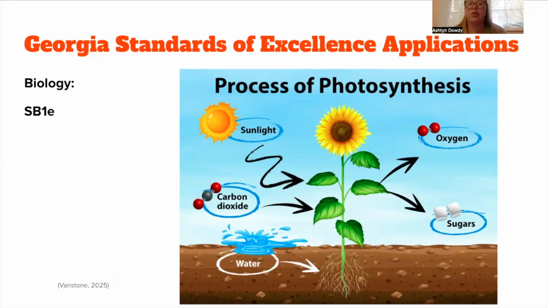Sunlight, carbon dioxide, and water. So you could actually have your students plant and vary the conditions in the garden to see how that affects plant growth, right? Like they vary the amount of sunlight and they maybe put one plant in a more shady area, one plant in a more sunny area. How does that affect how the plant grows? One plant gets more water, one plant gets less water, right? Things like that. Factors that they can control and maybe see how that affects the rate of photosynthesis.